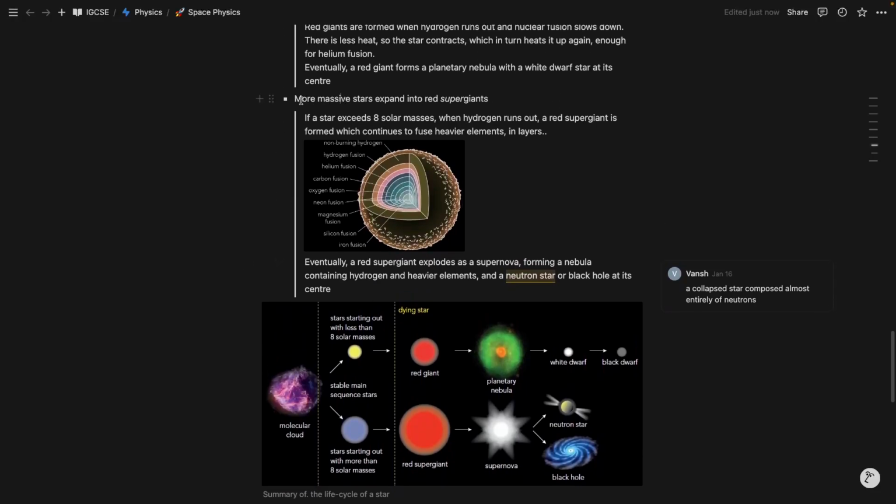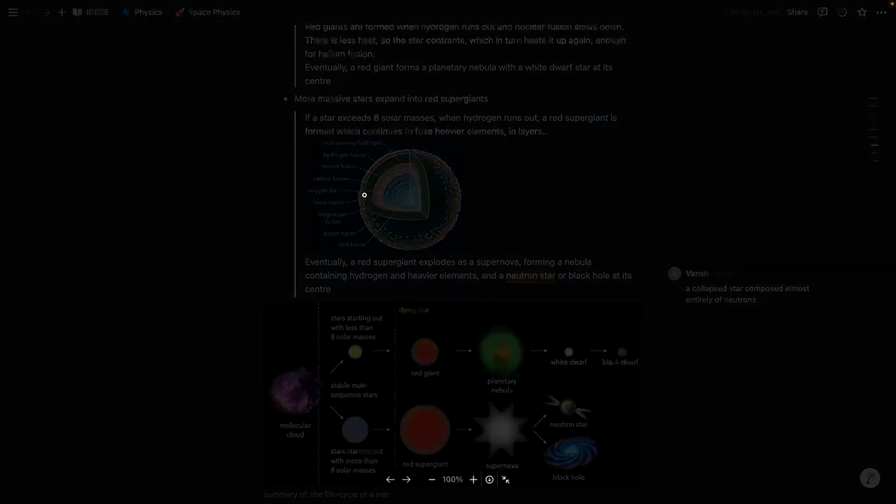I'll also tell you this, for more massive stars, which are more than 8 solar masses, they turn into red supergiants, and these are much larger than red giants. This is what happens. You can see the composition of a red supergiant.